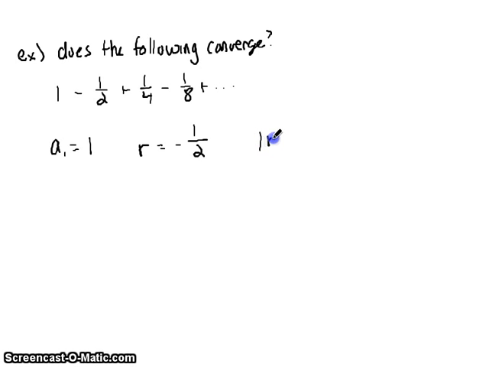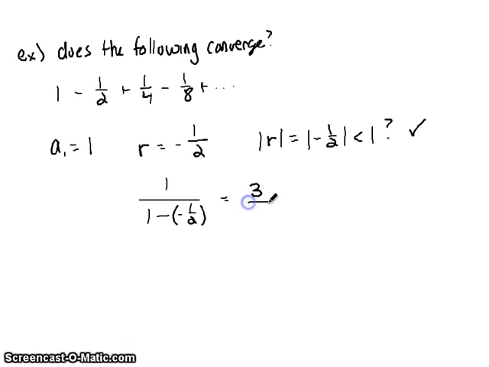So that tells us that our common ratio r is negative 1/2. We have to check, is the absolute value of r less than 1? It is, so we know we're going to converge, and what this is going to converge to is 1 over 1 minus negative 1/2, which is going to be 3/2. Oh, sorry, 2/3.